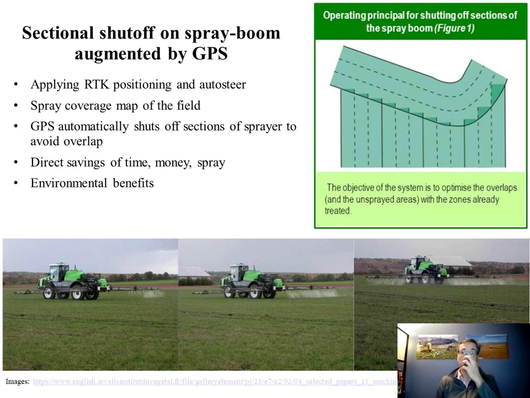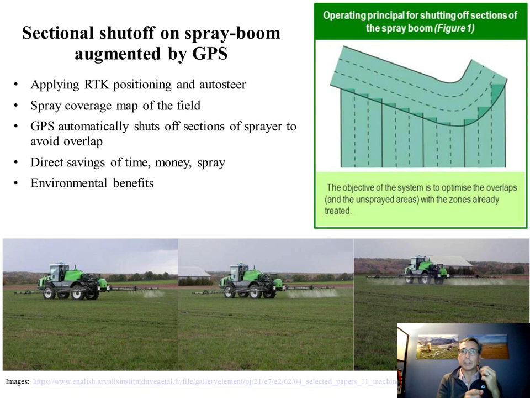Spraying systems have also used this technology. So if you're mapping where you've sprayed, and this could apply to fertilizers as well, any input for that matter, as you work through the field, you'll map what parts of the field you have applied your input to. And then some of the newest technology is applying sectional control to the implement.